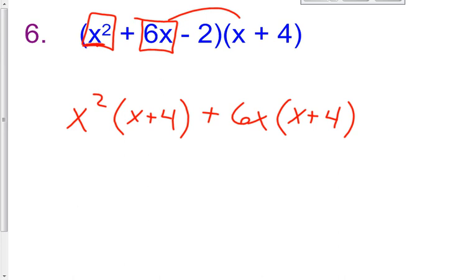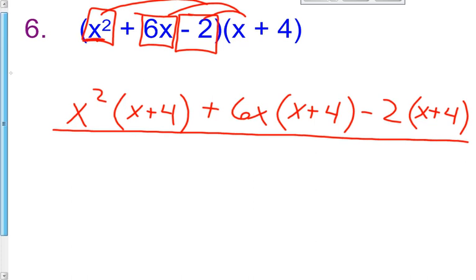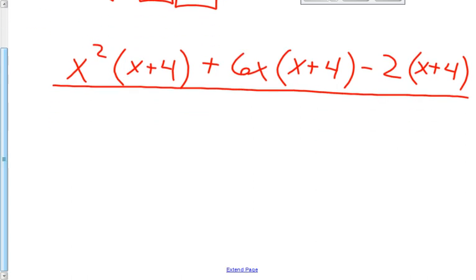That's not all. We have this last term of the trinomial of negative 2. That is also going to be multiplied by x plus 4. So hopefully that makes sense to you. Each and every one of these terms is going to be multiplied by the binomial x plus 4. So we're going to use the distributive property to multiply all these, and then at the end, we're going to combine like terms, and that will be our final answer. So there's our strategy. So let's multiply.